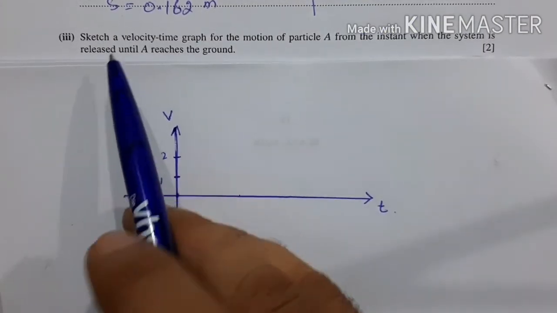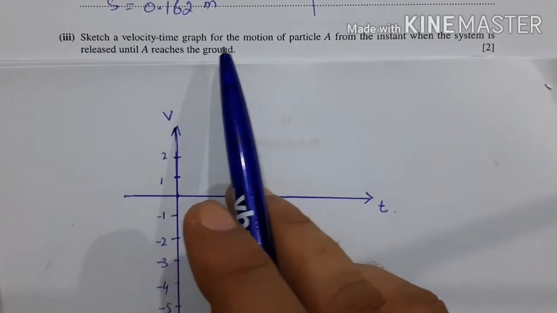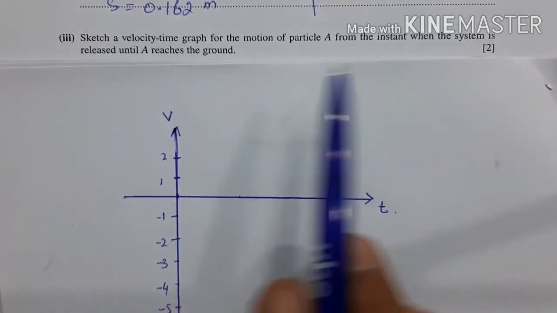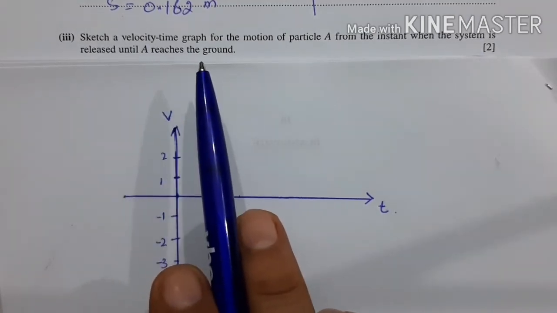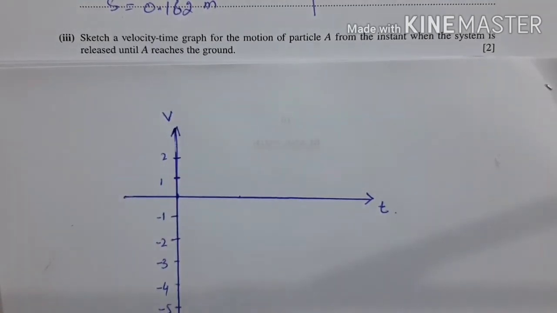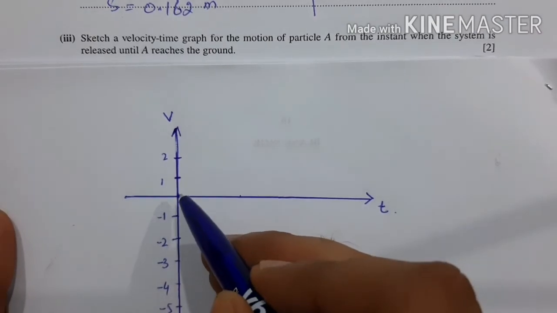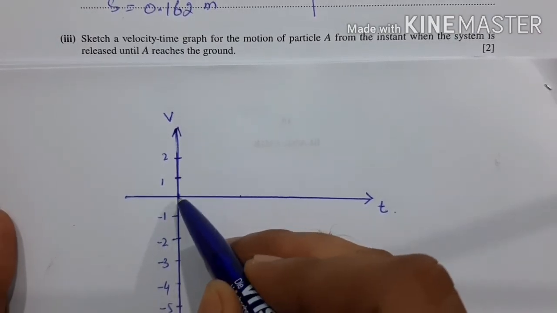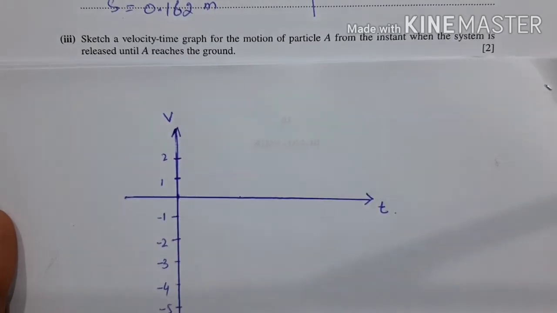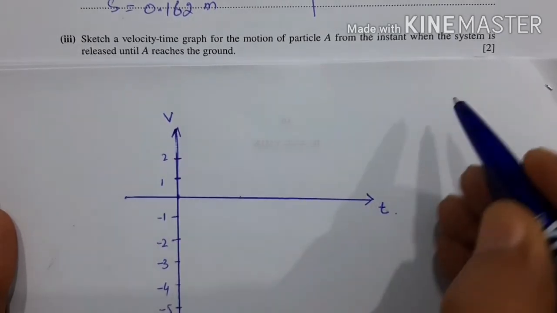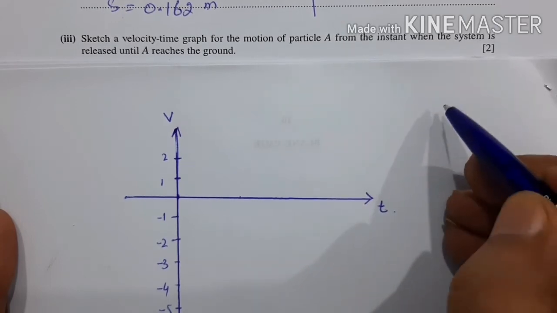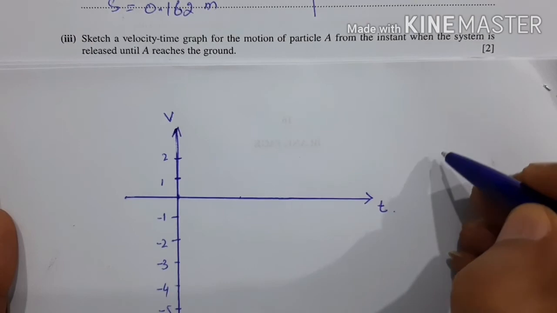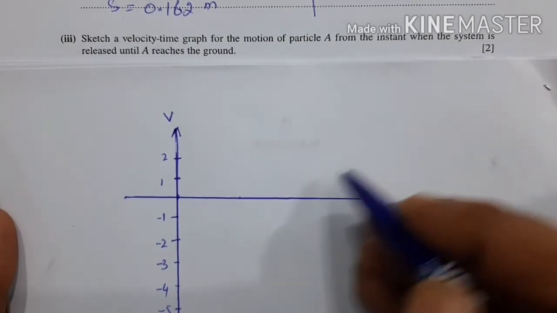Part 3. Sketch a velocity time graph for the motion of particle A from the instant when the system is released until it reaches the ground. We know that there are 3 phases of the motion of the particle A. The first was when the particle B was moving downwards and the particle A was moving upward.